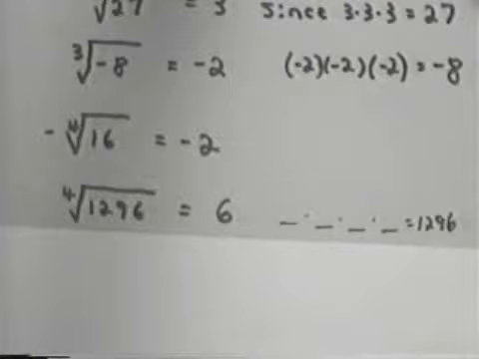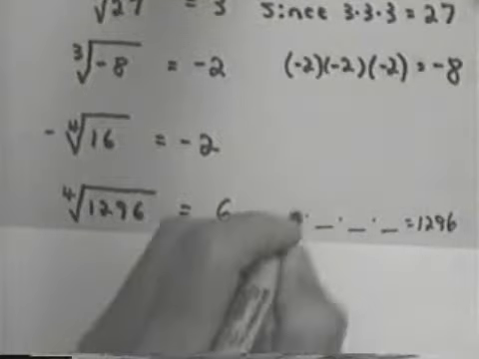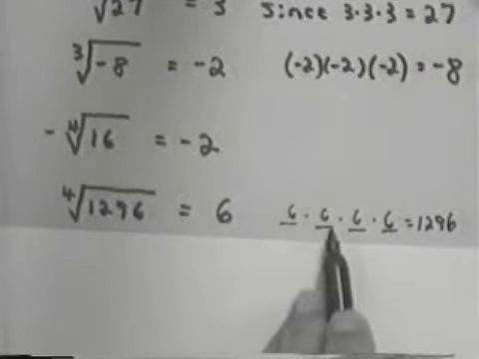You might guess a few numbers, but I've already told you which one works, and the one that works is 6. So you need to verify on your calculator that 6 times 6 times 6 times 6 is indeed 1296.